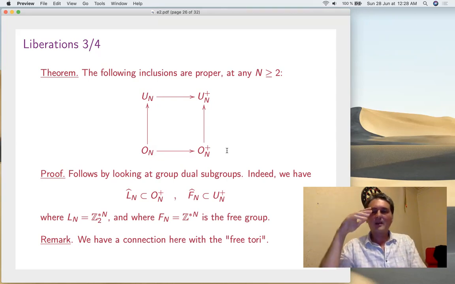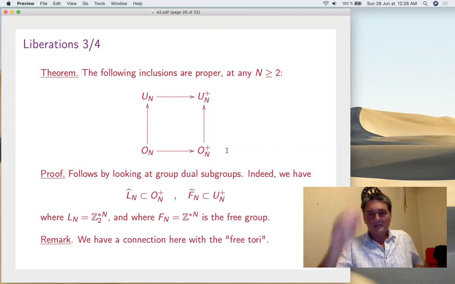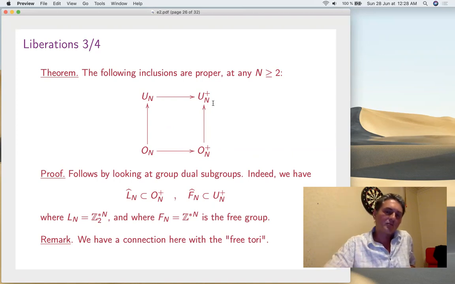I mean, the group dual subgroups, remember, the group duals come with this diagonal matrix of generators, right? So what's the biggest thing that we can put inside UN plus? So, of course, the dual of the free group, right? Free on n generators. That's the biggest group dual. So, of course, it lives inside UN plus.